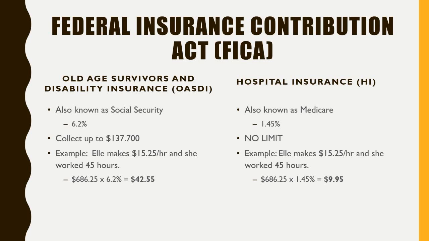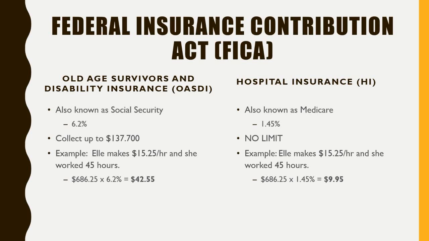Okay, so here's the example. L makes $15.25 per hour and works a total of 45 hours, which we established as a total of $686.25, right? This 6.2% is going to be taxed at the gross earnings.